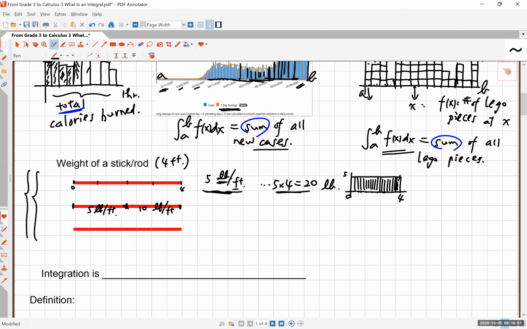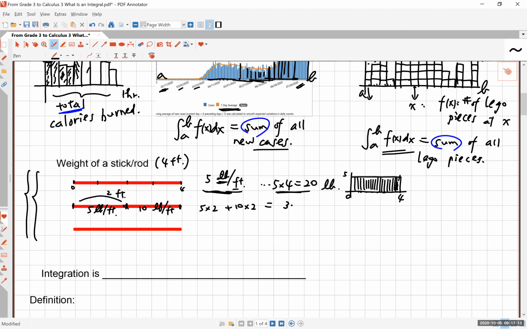Okay, so I'm not talking about density technically, but it is sort of like that. We are trying to find out how heavy the rod or the stick is. All right, so here you can see again, this is 5 times 2 because the first half has length 2 feet, and then you have 10 times 2.